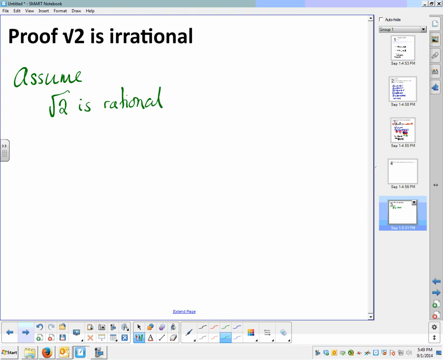This is just a really, really great demonstration of the logic of mathematics. So here we go. If root 2 is rational, that means root 2 can be written as a fraction, p over q, such that, and this bit is important, p and q have no common factors.